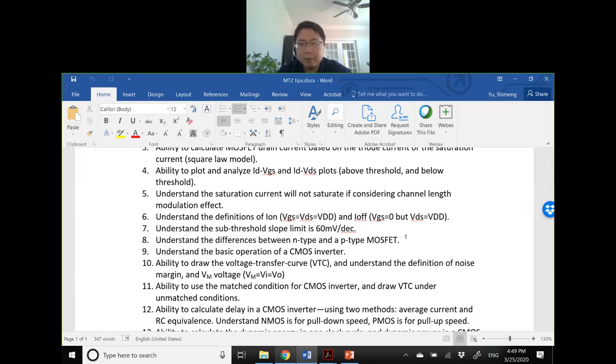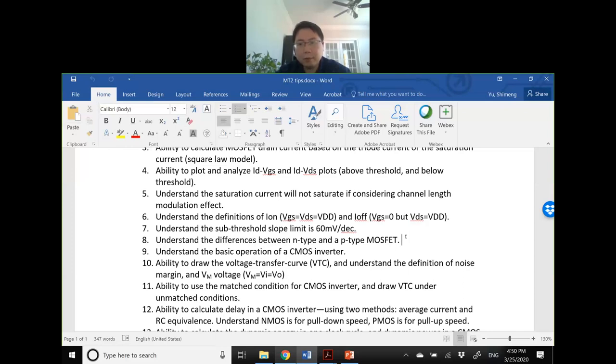For PMOS, it's P plus doping. Also the voltage polarities are reversed. For the PMOS, VGS, VDS, and threshold voltage are all negative numbers. But as we discussed in class, to make it simpler, you can treat all the voltages in the PMOS as the absolute value.